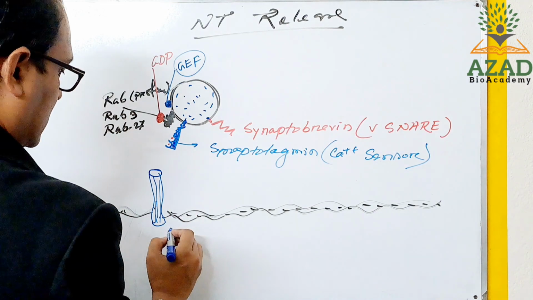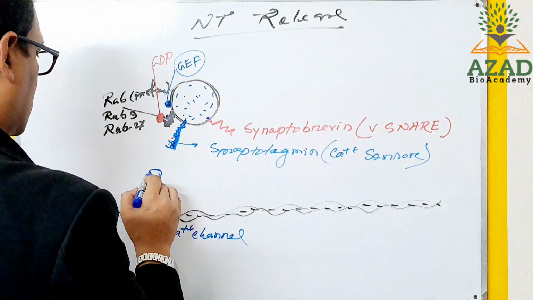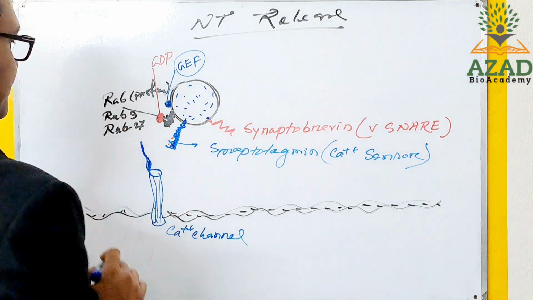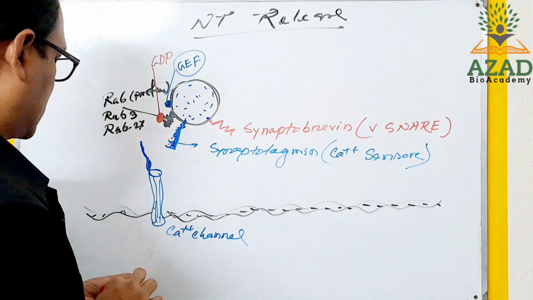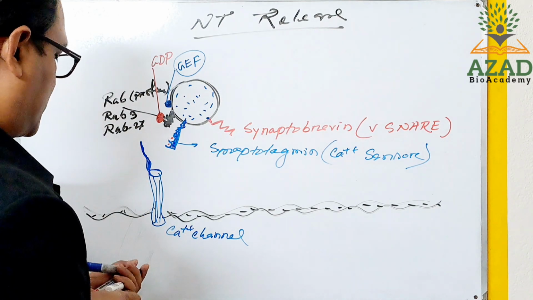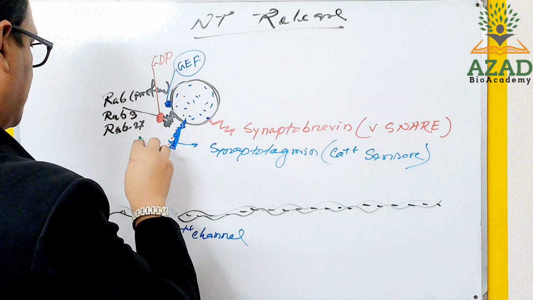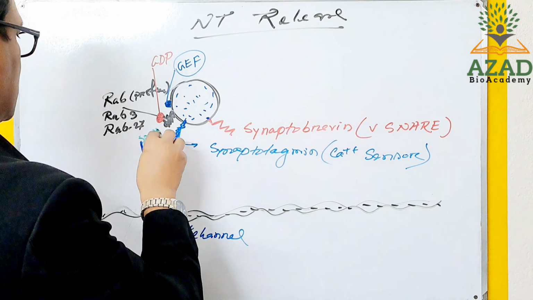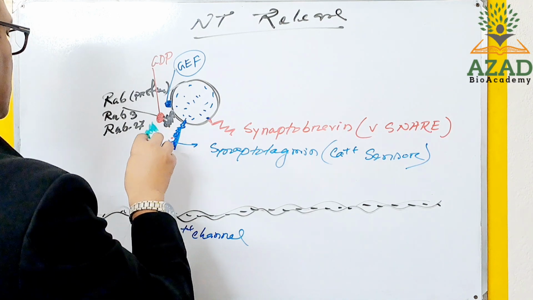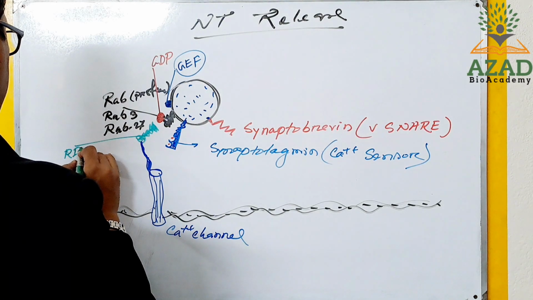So now this is the calcium channel, and one protruding part of the calcium channel here, and this calcium channel is directly attached with a particular protein that is called a RIM protein.